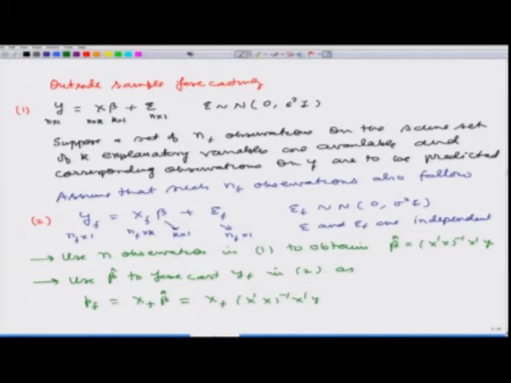Now, we are going to use this same predictor for average value forecasting and actual value forecasting. First we consider the situation of average value forecasting.